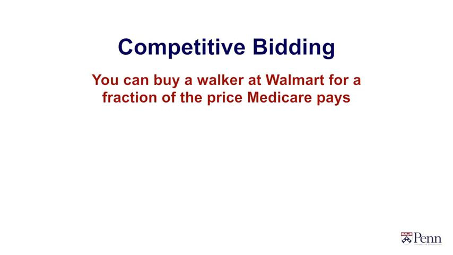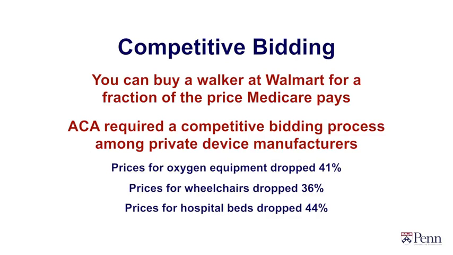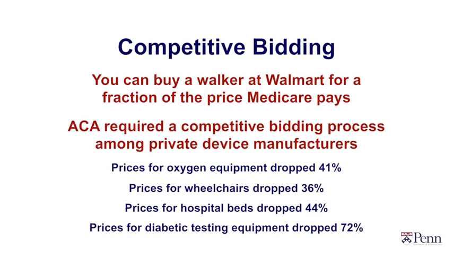So the Affordable Care Act actually creates competitive bidding process for things like oxygen equipment, wheelchairs, hospital beds, diabetes equipment, and other items. Initially, it was proposed to run a small demonstration project, and that if that saved money, to expand it in 2016.